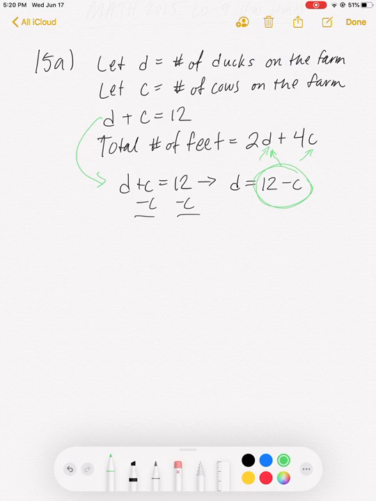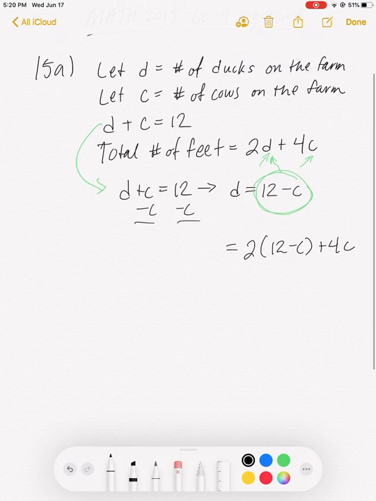When we do that substitution, we get 2 times 12 minus C plus 4C. And that's my new expression for the total number of feet with 1 variable.